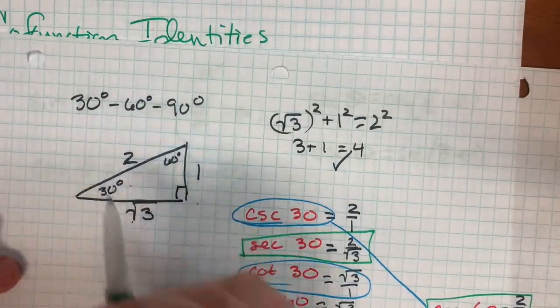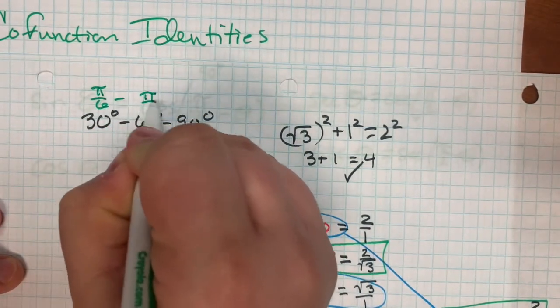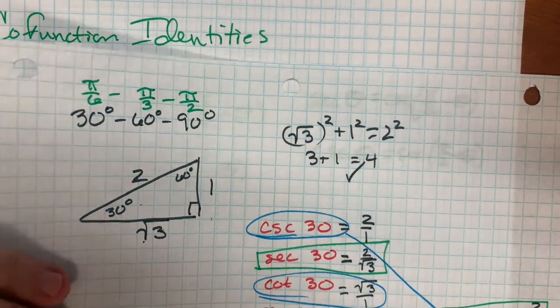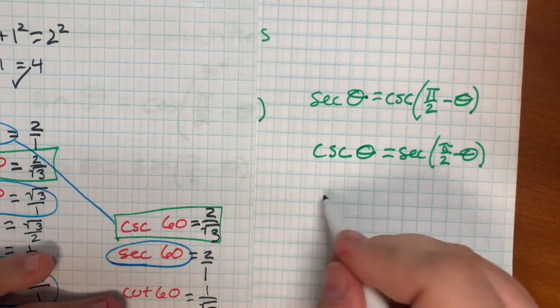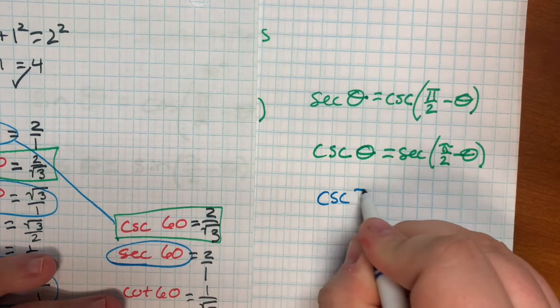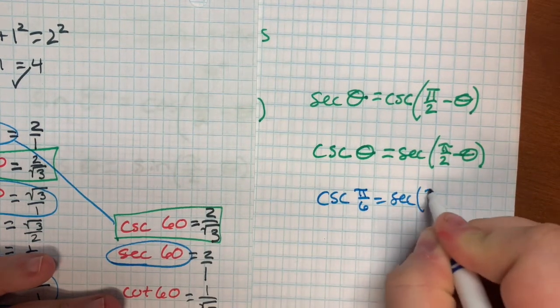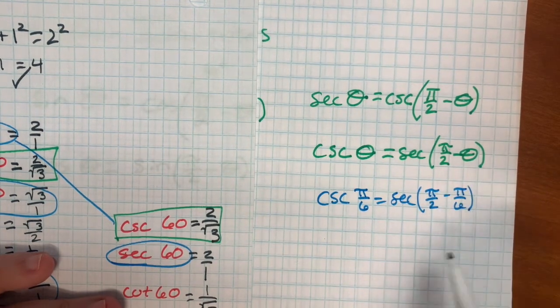So our 30, 60, 90 is our pi over 6, pi over 3, pi over 2 triangle. And so this identity tells us that cosecant of pi over 6 equals secant of pi over 2 minus pi over 6.